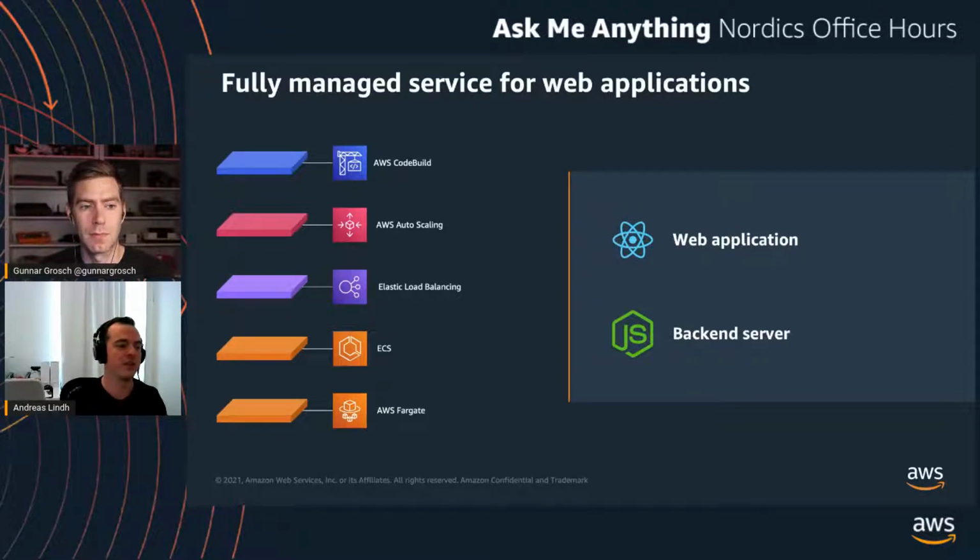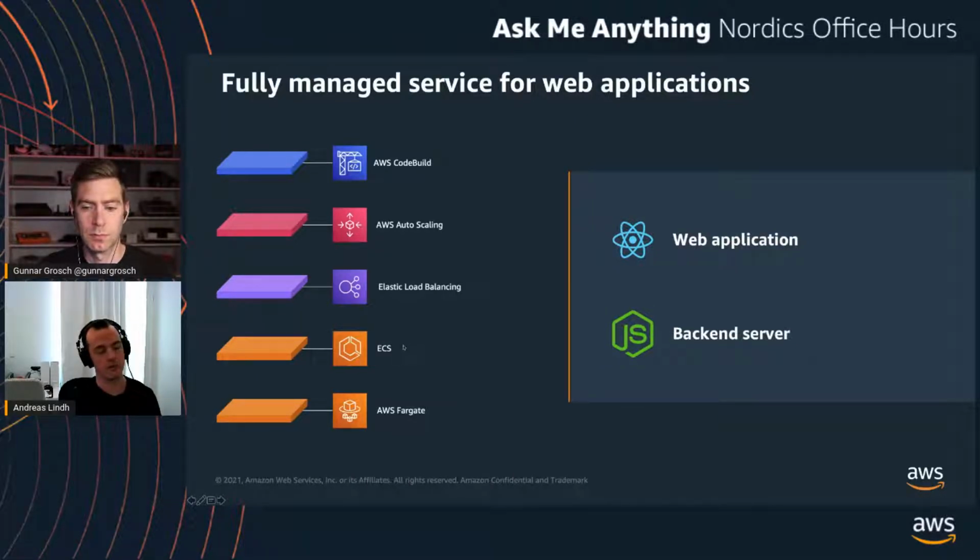If you put yourself in the shoes of a developer or a development team that want to run a Node.js backend server and a web application on AWS with containers, you have some kind of application already built. You needed to go through a number of different steps. If you want to run this containerized app on, let's say, Fargate, you needed to configure your task definitions and your service definitions in ECS.